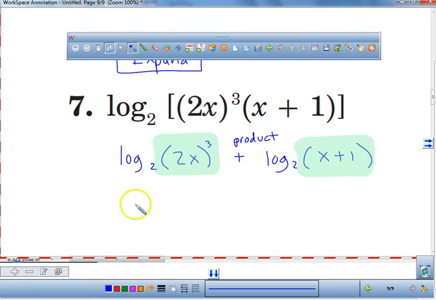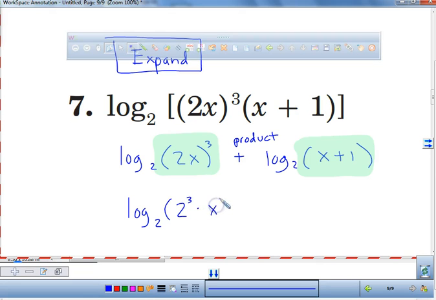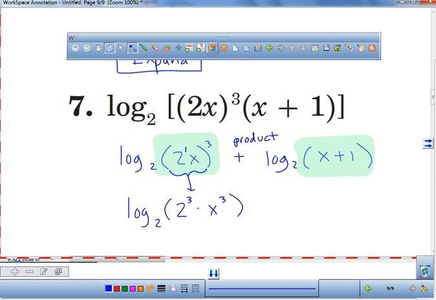Now, what we did not do that I want you to do is separate what's inside of this parentheses and understand 2 to the power of 3 and x to the power of 3. We can apply this power to the 2 and the x inside of that parentheses.